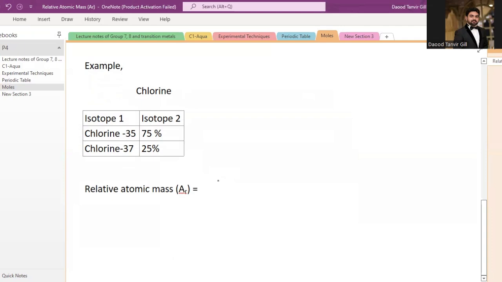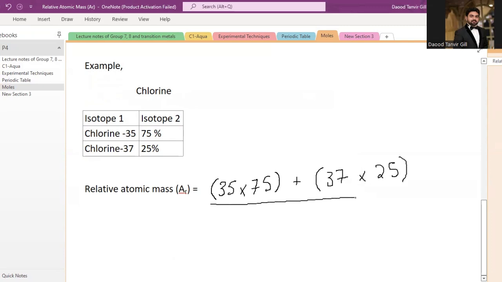For example, chlorine 35 has a percentage of 75%. I will multiply by its percentage, 75, and then do the addition, and then I will simply multiply 37 by its percentage, 25, because it has a percentage of 25%.